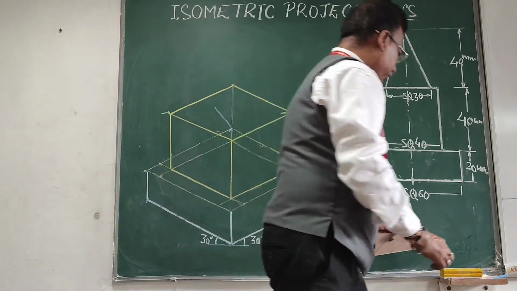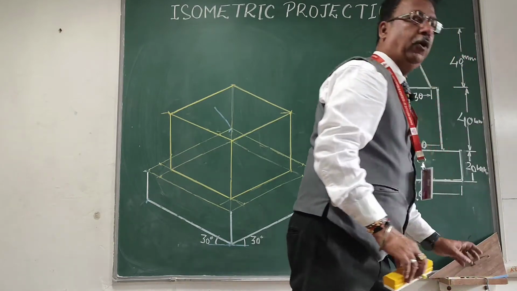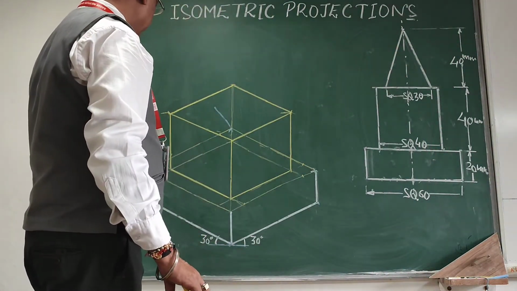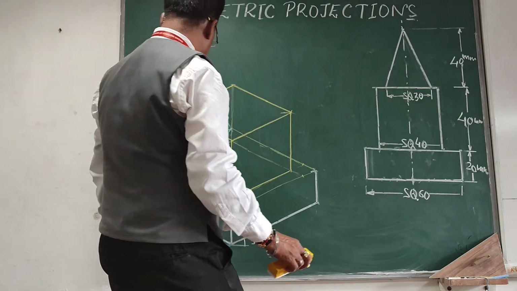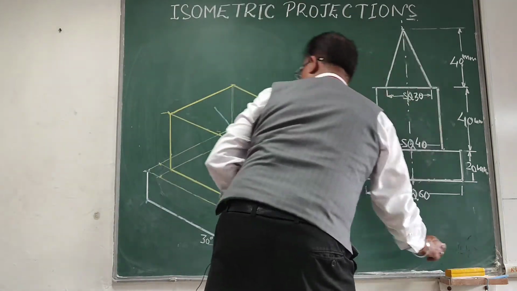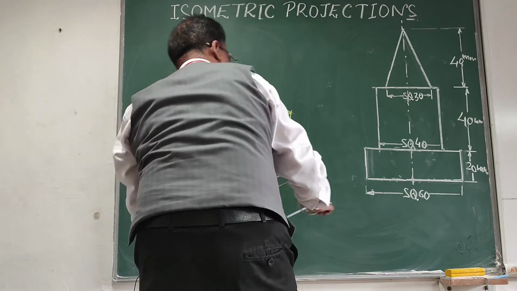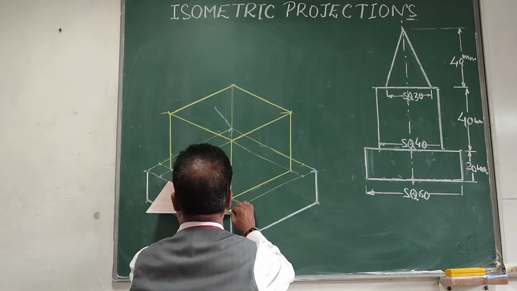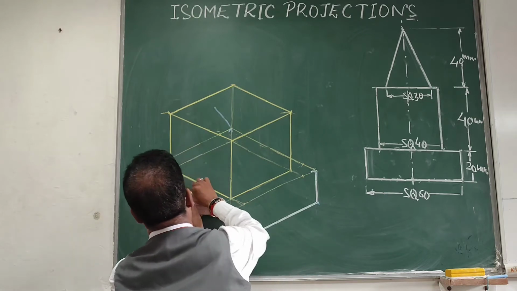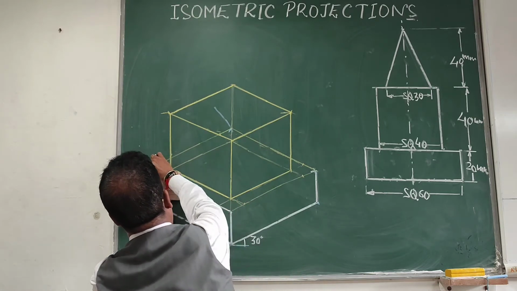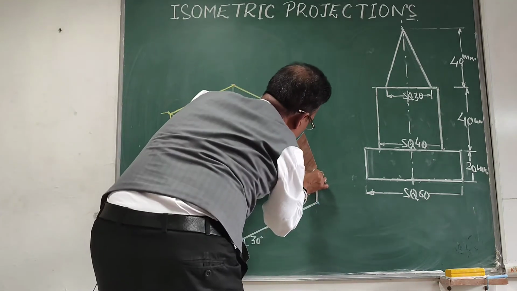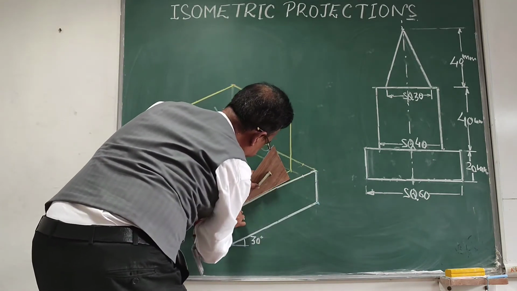One more thing, in isometric projection, normally in orthographic projection we draw dotted lines, but in isometric projection it will be better if you do not draw the dotted lines. So it is not necessary to draw the dotted lines. If I join this lower part also and darken this part, it will look like this.